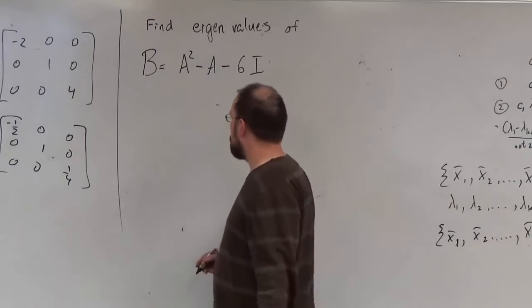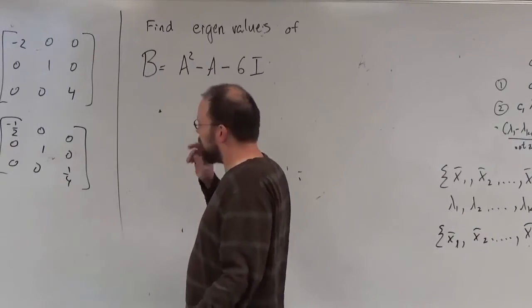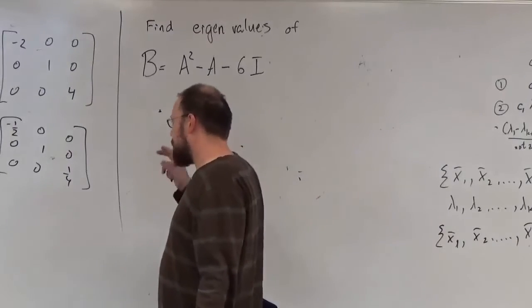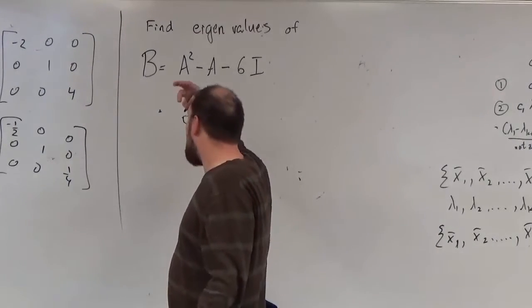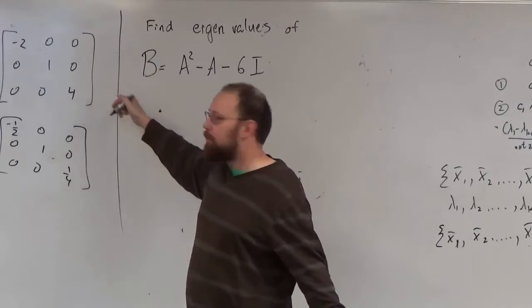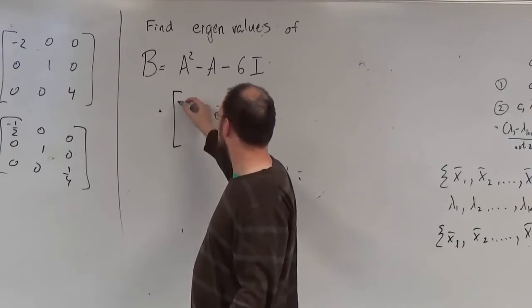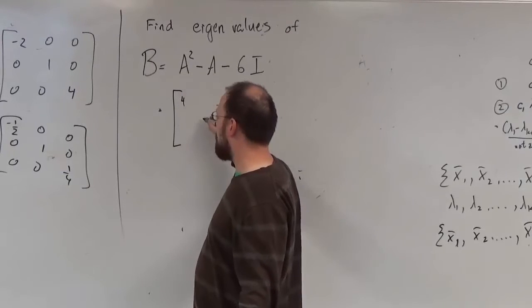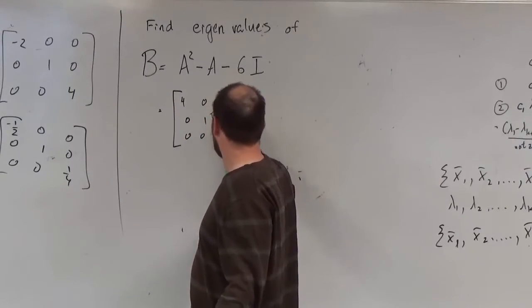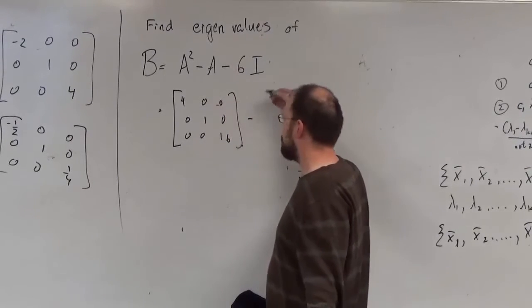Now, one thing we could do is quite easily just see what the eigenvalues would have to be, without really proving. So I would say, okay, A is this diagonal matrix. Squaring diagonal matrices is easy. We just square the diagonal entries, so this is A squared minus A.